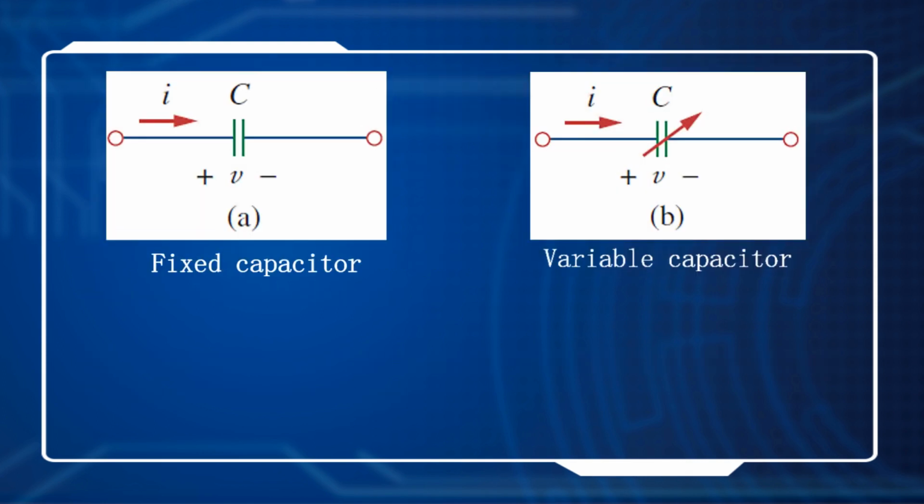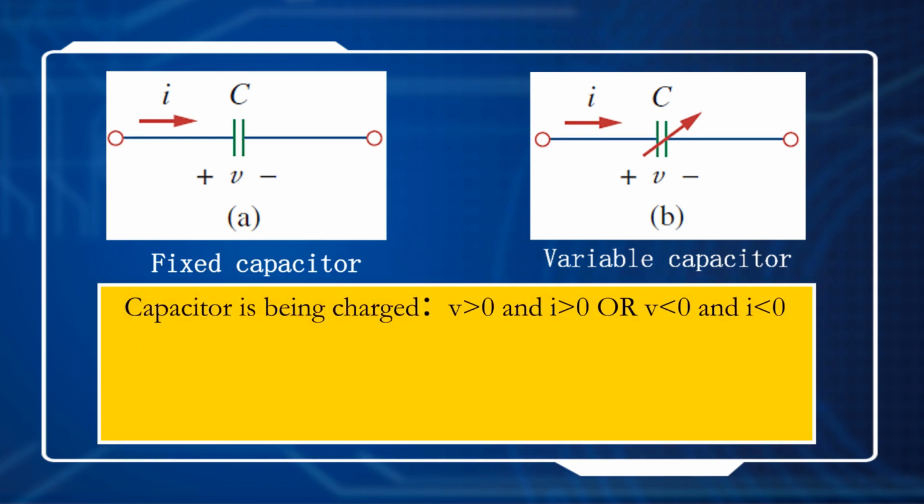Now you can see the circuit symbol of a capacitor on the slides. Graph A is for a fixed capacitor. Graph B is a variable capacitor. Because a capacitor is a storage element, it can be charged.